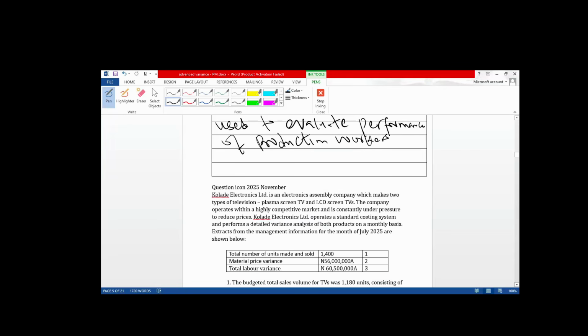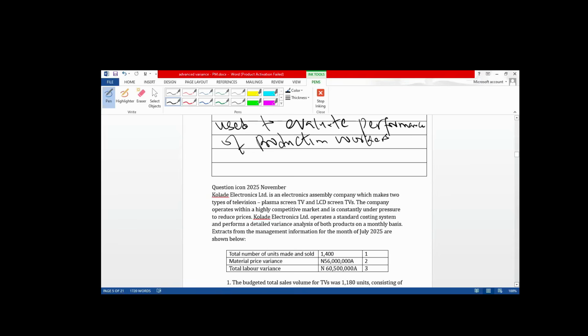The question was tested for 20 marks. I'll read. Colade Electronics Limited is an electronics assembly company which makes two types of television: plasma screen TV and LCD screen TV.